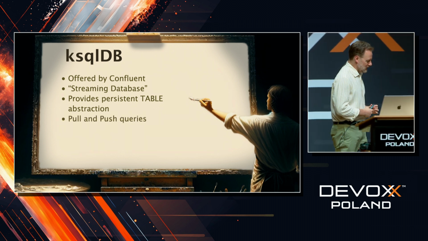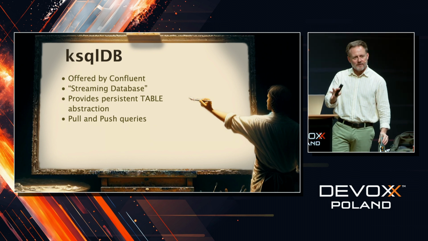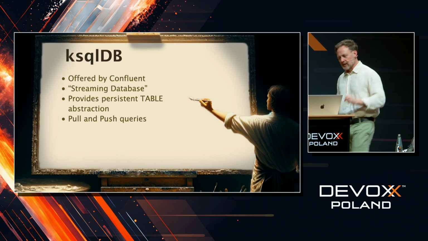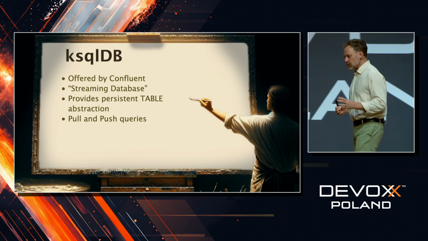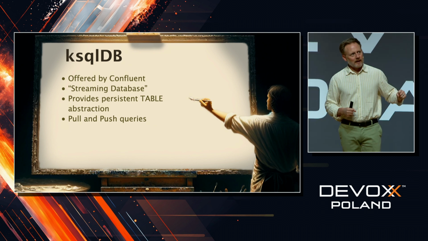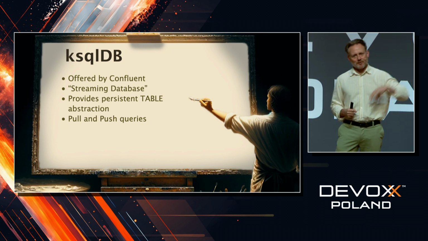It's got this interesting technology. The terminology is often confusing to people, but this idea of a push and a pull query. A push query is where you've got some streaming pipeline and you want your application to get events as they come through it.